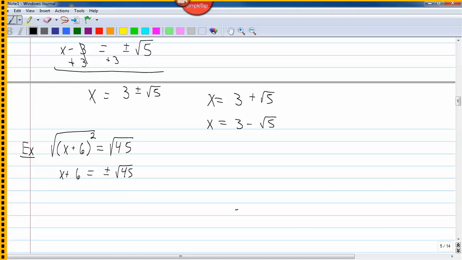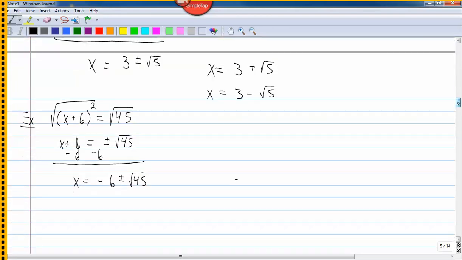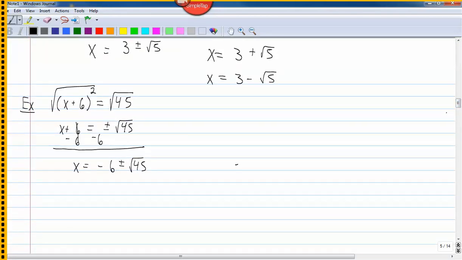Alright, so now to get x by itself, I say minus 6, minus 6. So I have x equals negative 6 plus or minus the square root of 45. And the square root of 45 can be reduced. It can be simplified.